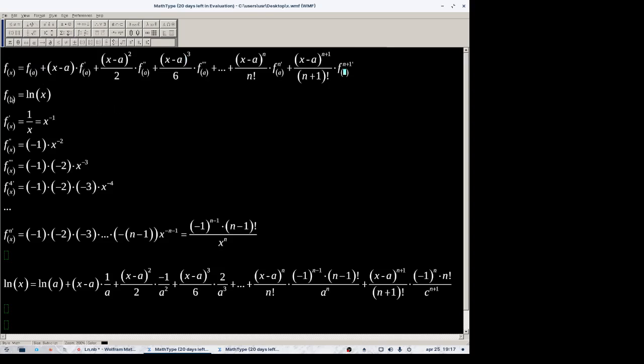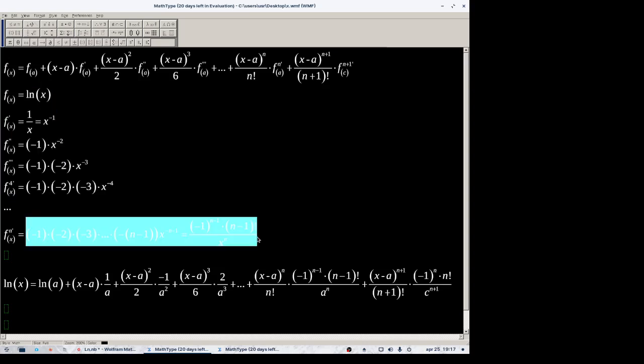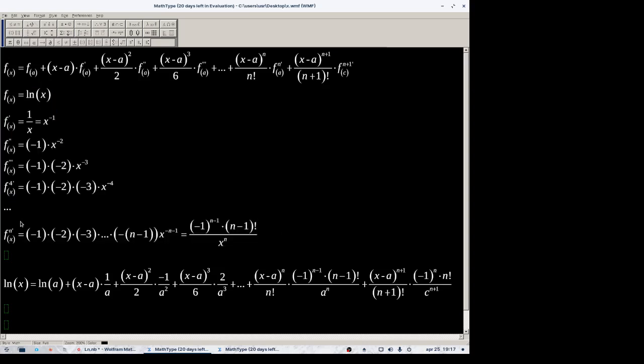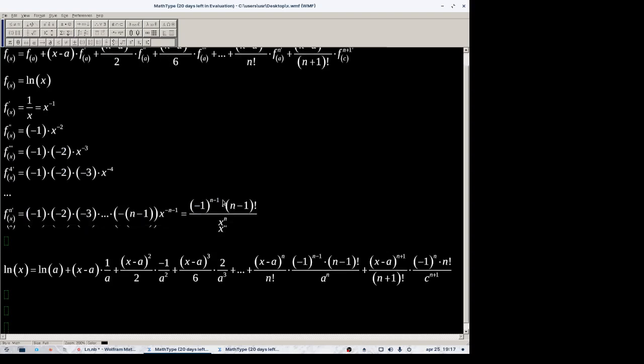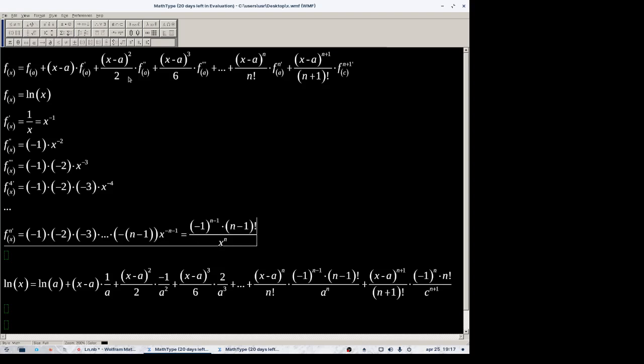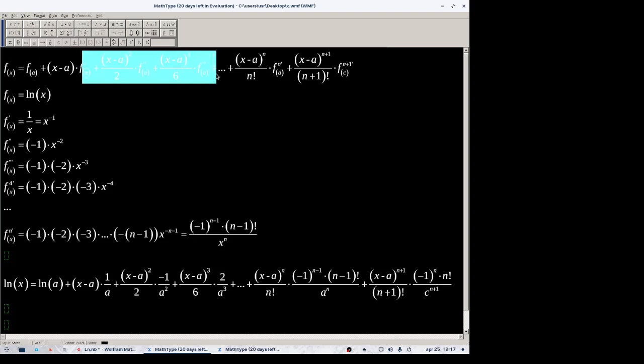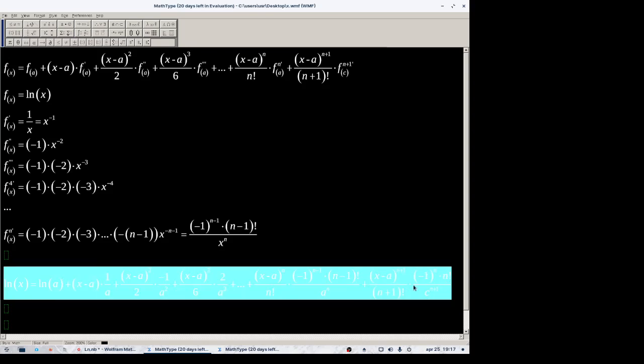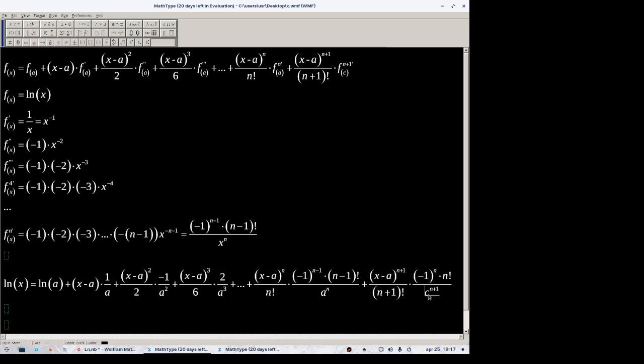x. Here are the derivatives, and this is the general form of the nth order derivative, which if you plug in, you will get this final result with this intermediate point c.